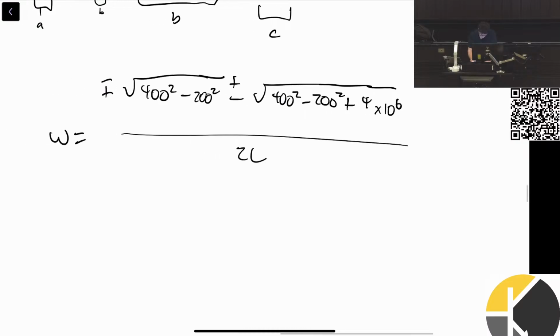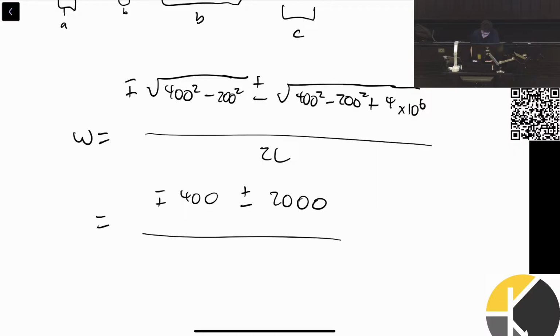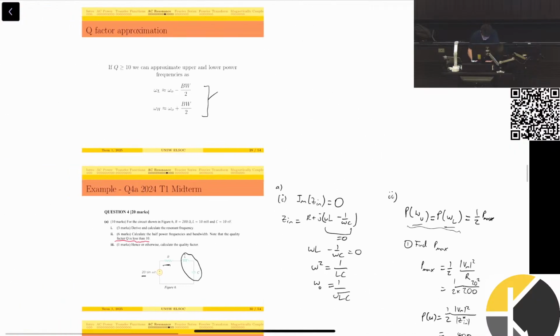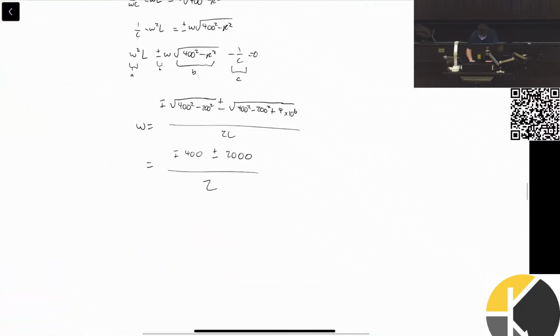And from this, we can figure out that this is roughly 400. You can do the exact numbers when you're doing your calculations. This is roughly 2,000, and we're dividing by 2L, so it'll be 20, and this is all times 10 to the 3.